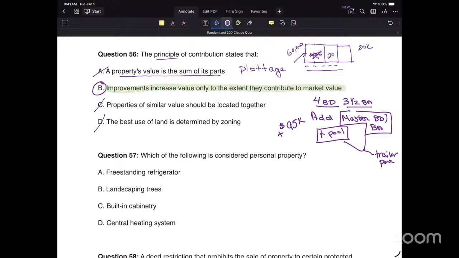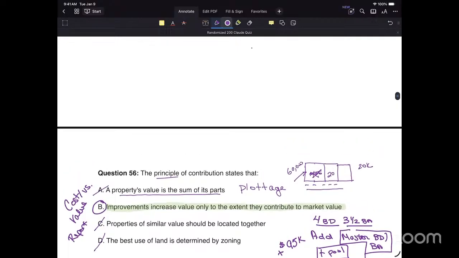Once you all start practicing, there's something called the cost versus value report. This is probably some of the best advice I could give you. A lot of agents don't know about this. This is bonus time. I used to look this up every year. I don't sell anymore really, so I haven't.